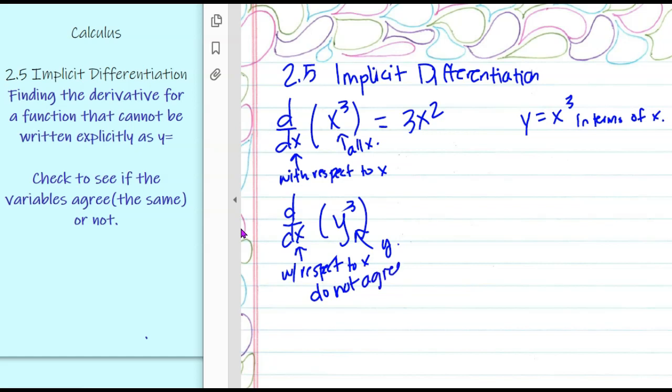In other words, they're not the same. All right? So when we take the derivative here, this is like chain rule. So when we do that, we're going to take the derivative of y cubed. When we take its derivative, we also get 3y squared. But now we need to take the derivative of y with respect to x. We need to chain rule it.